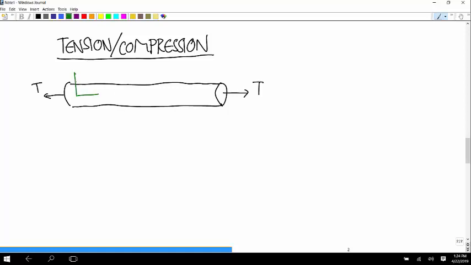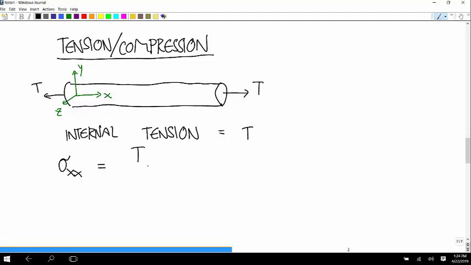And we'll use the coordinate system that we've used for beams this whole time. Then the internal tension is positive T. The stress at every point is T over the cross-sectional area.